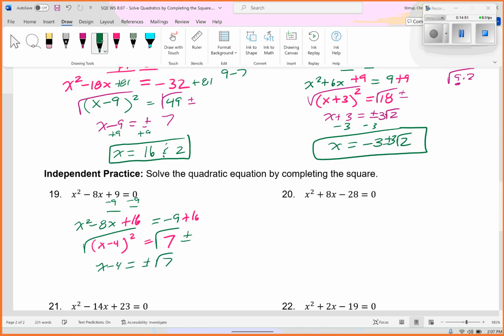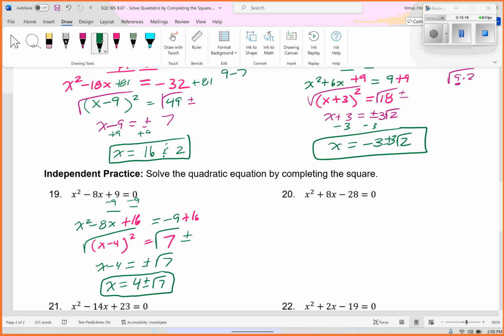Does root 7 break down to any of these? Nope, I can't break it down. I mean, I could go 1 times 7, but that doesn't help me. All right, last step. Add 4. So there's my answer. And again, that is an exact answer.